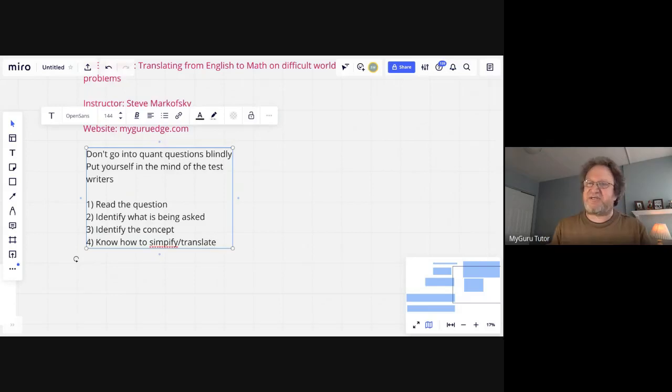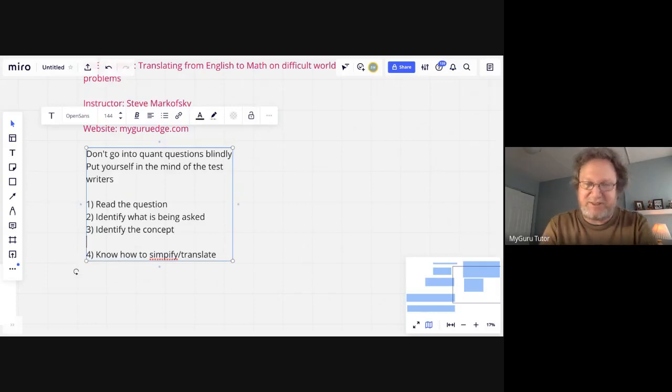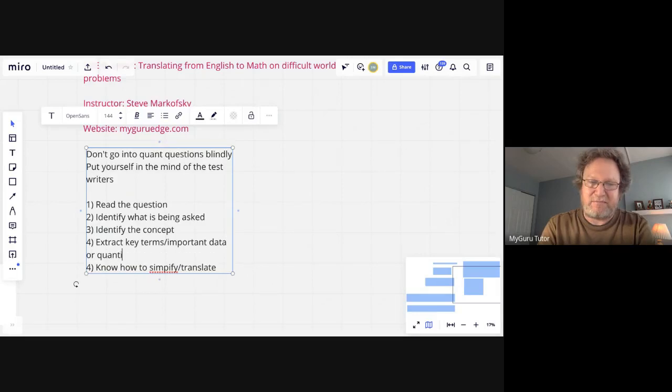If you've got a complex algebraic expression, see if you can whittle it down to something that makes sense. If you've got a whole paragraph full of text, see if you can extract the key important data. Let's actually put that first. Extract key terms, important data or quantities.